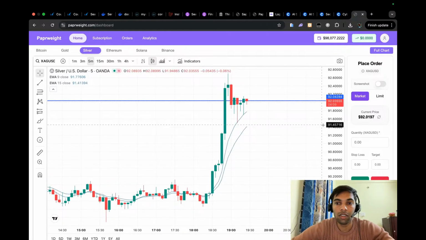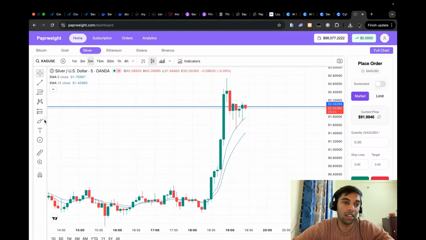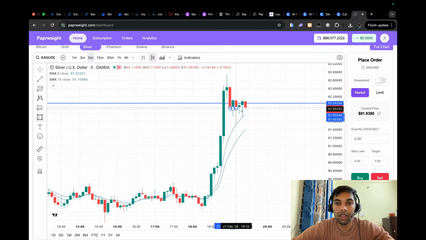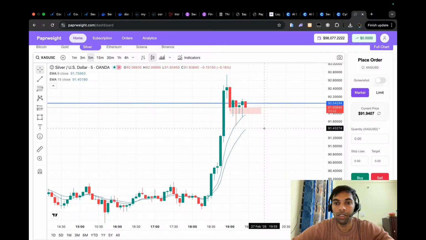In silver, although this is the selling zone, the indication is that we can punch the trade on the buying side, because the momentum is on the buying side only.